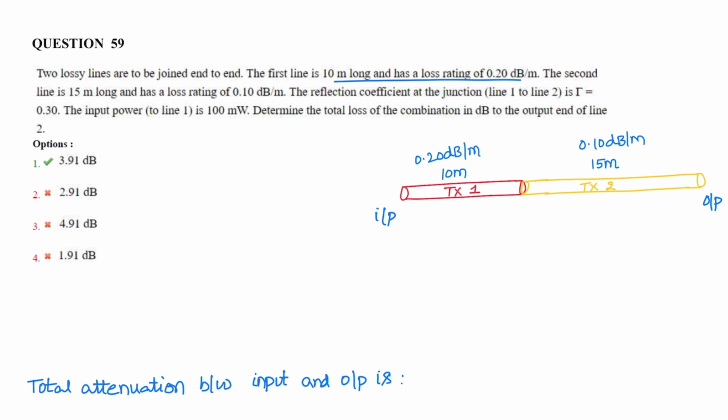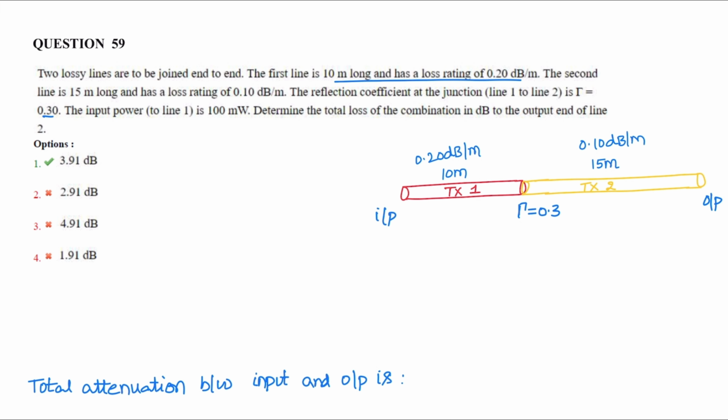The reflection coefficient at the junction is 0.3. If the input power is 100 milliwatts, determine the total loss of the combination in dB.